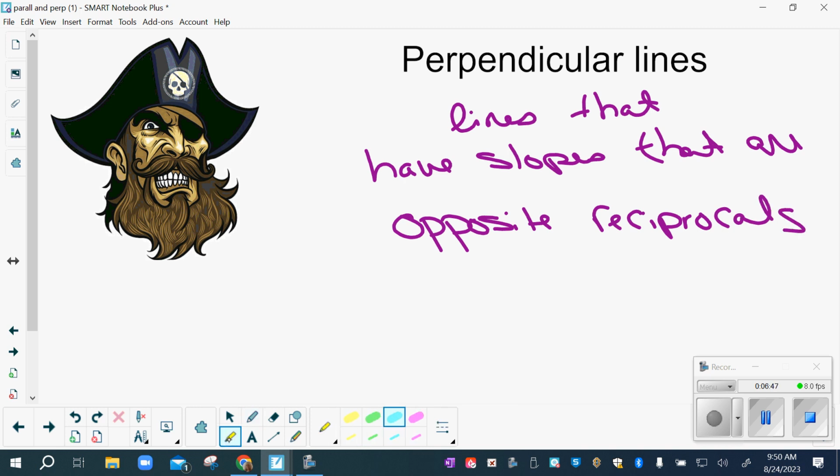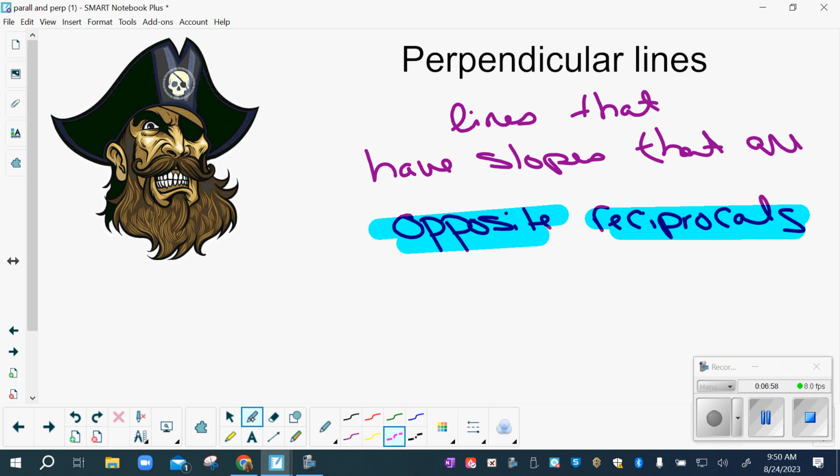I wrote 2 words up here because there are 2 things going on. So here's how I think about it, right? On these ones, opposite reciprocals looks like this.